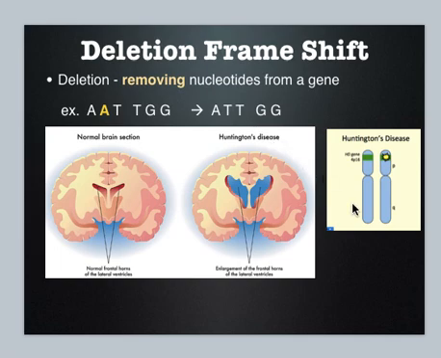Now, here's a real disease. Huntington's disease, we will talk about when we get to genetics. It is a deletion. And it's up to 5 genes that are messed up. So it's anywhere from 1 to 5 genes where there's a deletion that has caused them to no longer function. This is a normal person's brain. This is a person with Huntington's disease. Notice the center of the brain, there's a lot of death here.